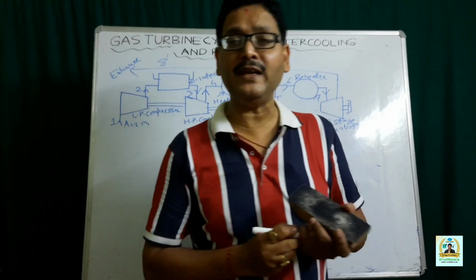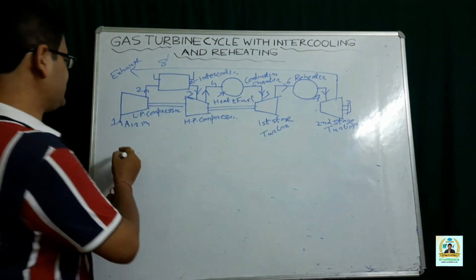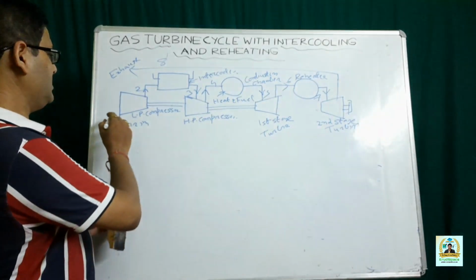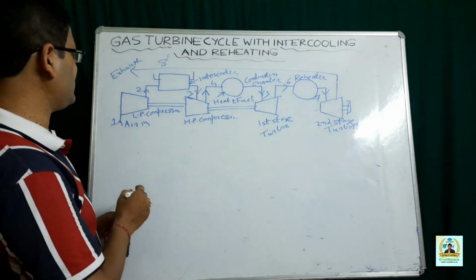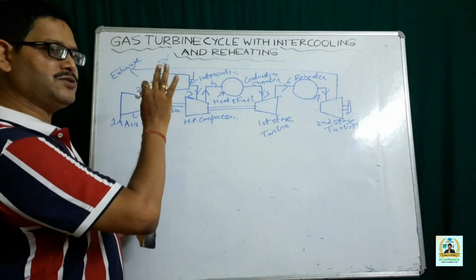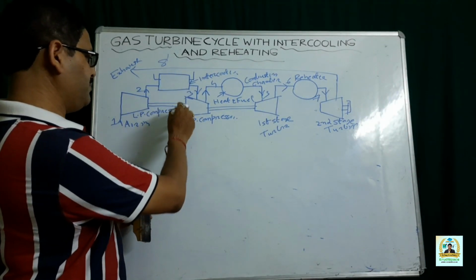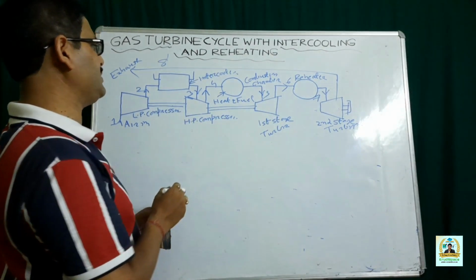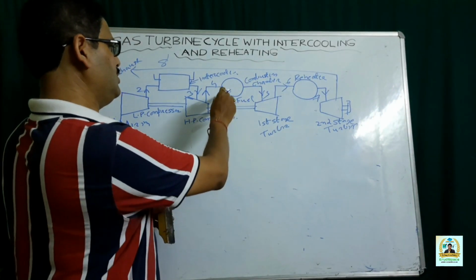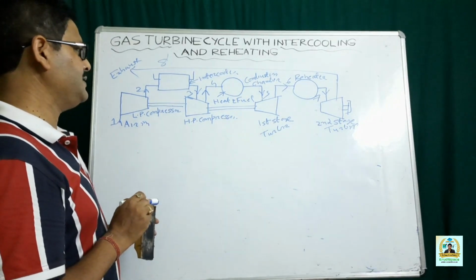So let me first explain how the system actually works. First, air is taken into the LP compression or low pressure compression, where it is compressed to an intermediate pressure. After that, it is taken to the intercooler, where it is cooled, and after being cooled, the air is brought to the HP compressor or high pressure compressor, and then it is taken to the combustion chamber, where heat and fuel are added.